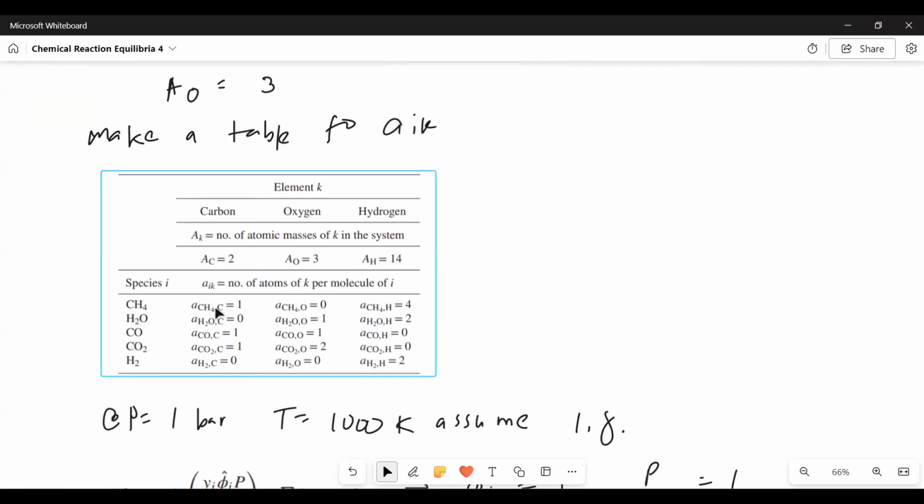For water, under the column carbon, it has 0 carbon. Let's look at another example. Say we have methane under the column hydrogen. The count is 4, so we have 4 atoms of hydrogen in methane, and so on and so forth. So this table is written.